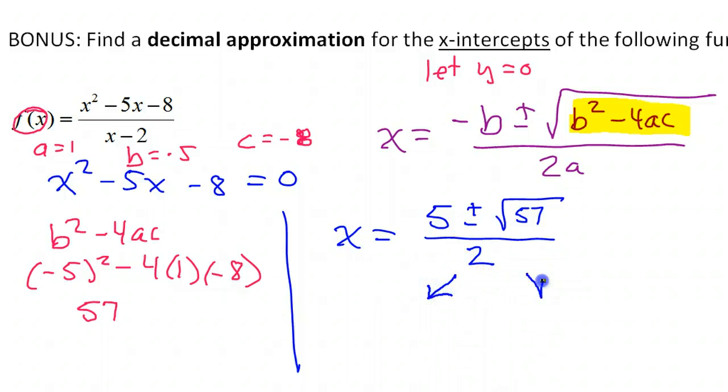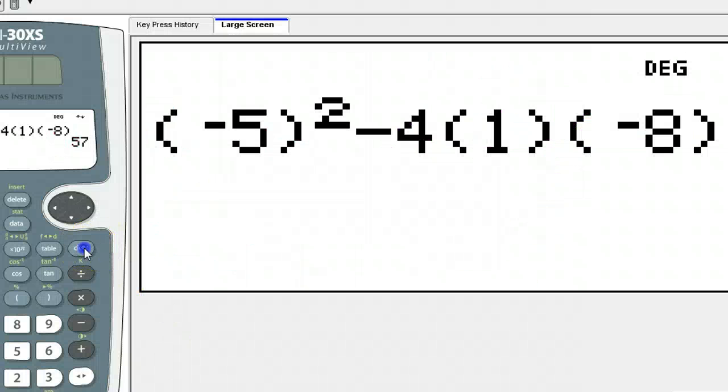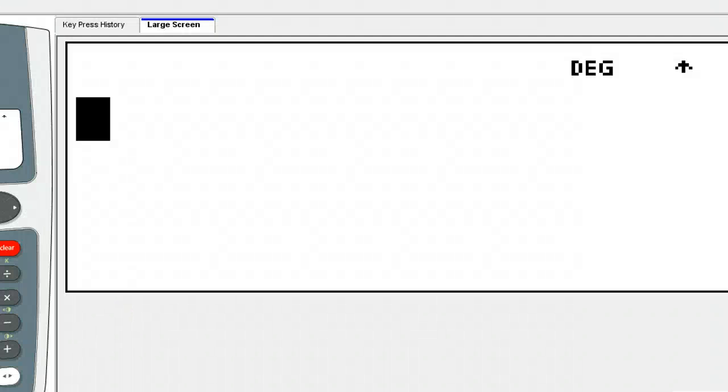So let's turn this into decimals by putting this into the calculator twice, once as a positive and once as a negative. So 5 plus blah blah blah. Here we go. Fraction mode.